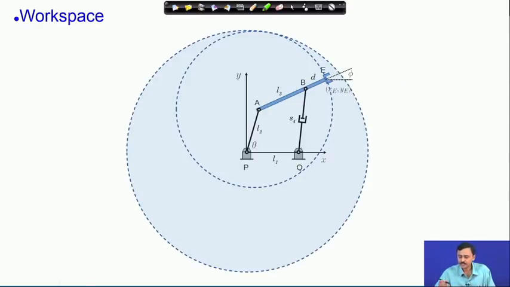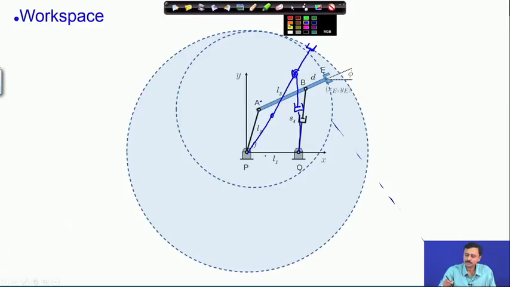This is the workspace of the manipulator. So, if you completely extend this link, and then move it in this circle, you generate the outer circle which defines the workspace of this manipulator.